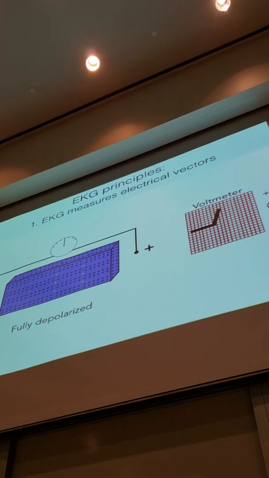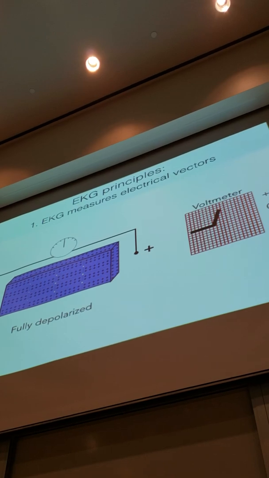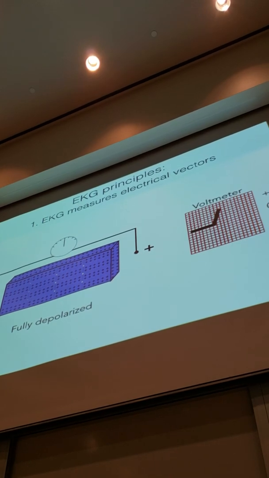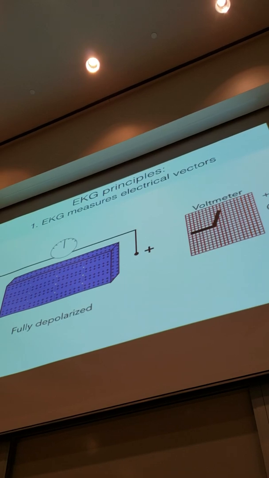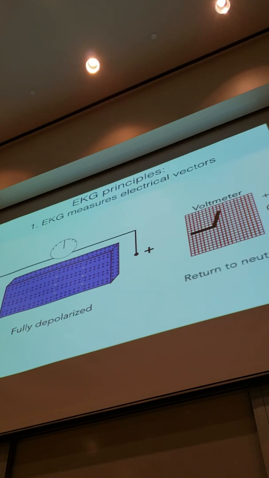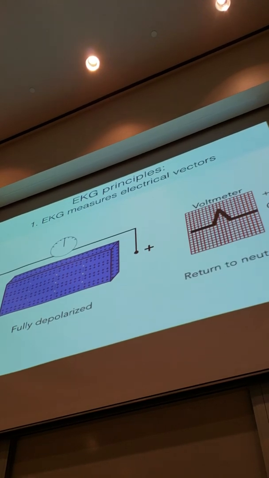And once all of these cells have their depolarization from the sodium channels, they're all now in plateau. Slowly drifting towards negative, but they're in the positive territory for quite a while. So for a period of time we get nothing, right? And so what happens in the voltmeter is that it's going to come back to zero.